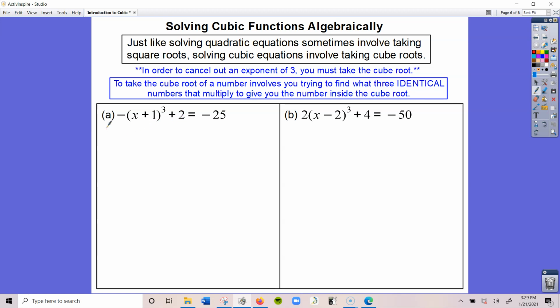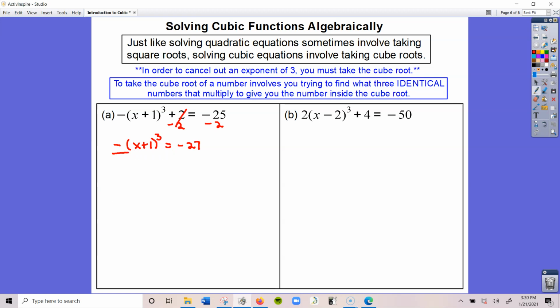So we're going to remove everything else around it to the other side of the equal sign. First we're going to subtract the 2. And this would give us negative (x plus 1) cubed is equal to negative 27.